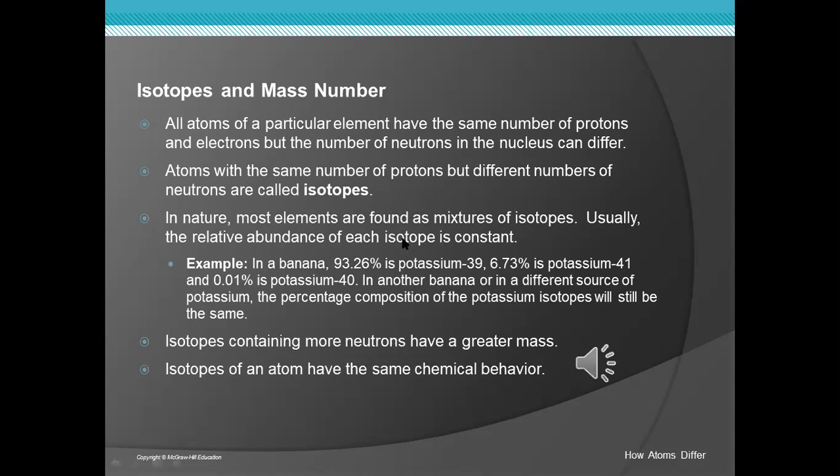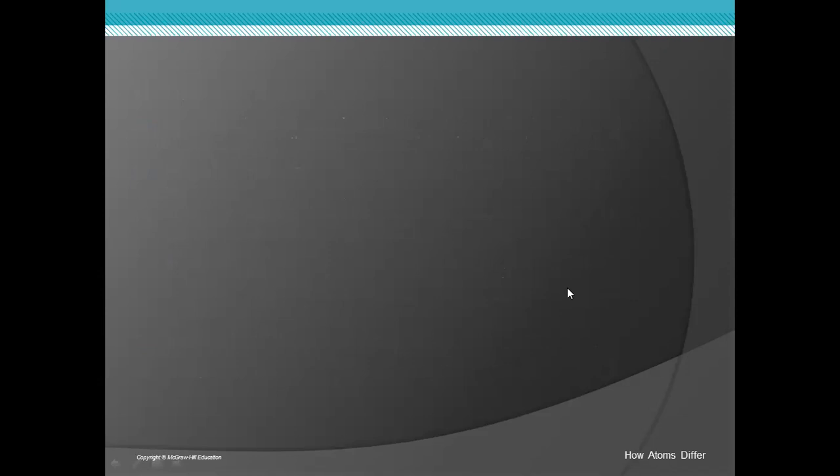They will differ in atomic mass only. So isotopes of an element mean what? Isotopes mean elements that have the same atomic number but differ in their atomic mass. Differ in what? In their atomic mass. Okay? This is what was explained before.